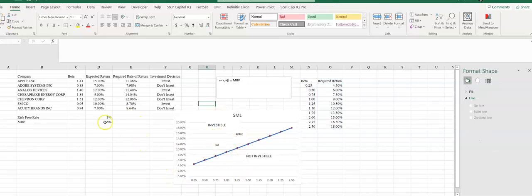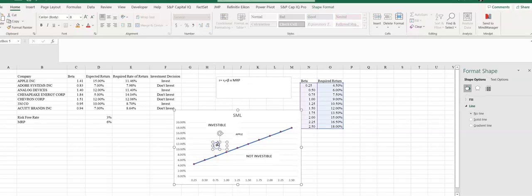But others, like for instance Adobe Systems, fall in here. Adobe Systems has a beta of 0.83, somewhere around here, and its required rate of return is almost 8%, but its expected return is 7%, somewhere around here. Therefore, it is not investable.